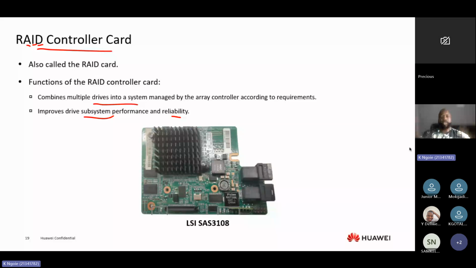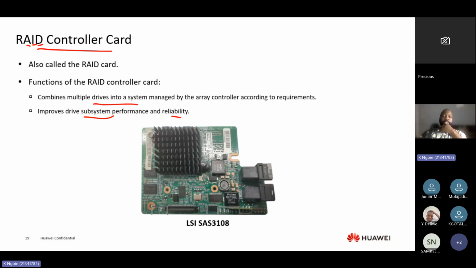Depending on the type of RAID that you're going to have, you can insert this physical card into the server or a computer. Some of them have their own processors, and this will help be faster and more reliable.